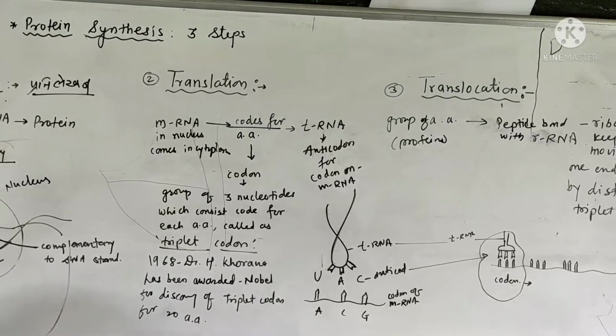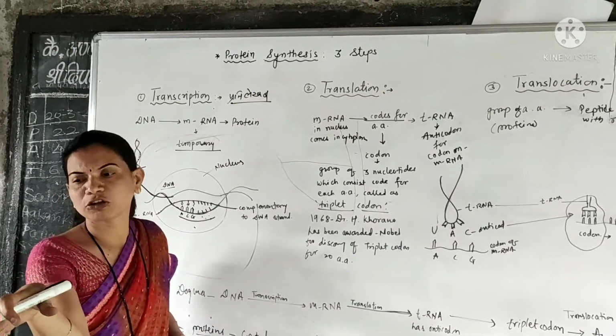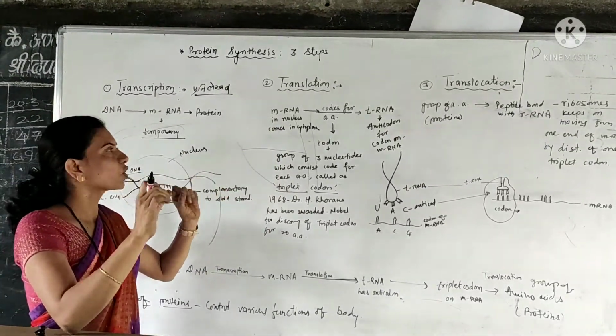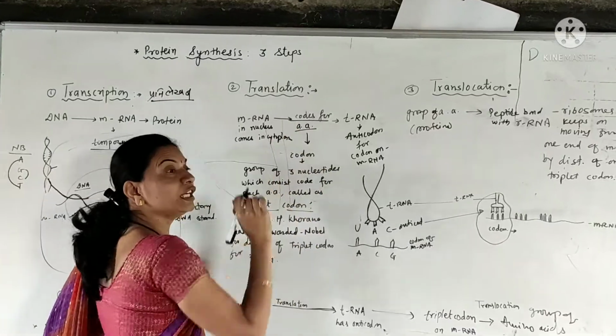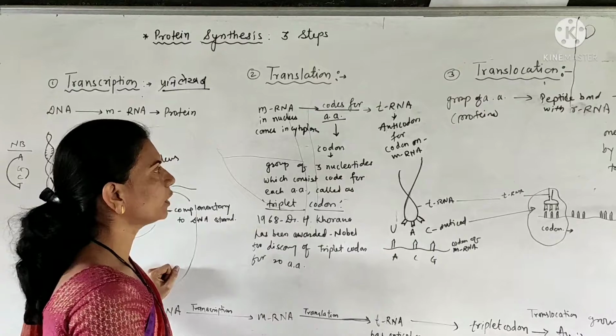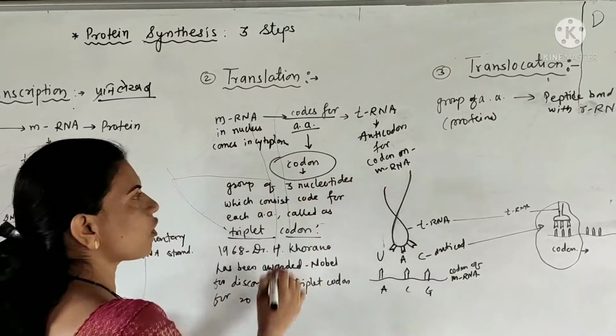What are the codes? You know, you put secret codes for locking your mobile phones. Like there is a password or code for the different amino acids. This group of amino acids is nothing but the proteins. So these codes are called codons.